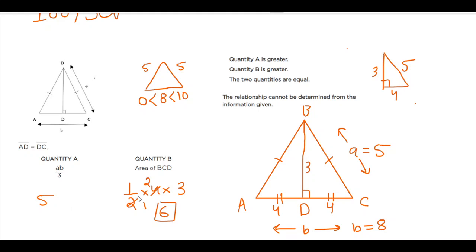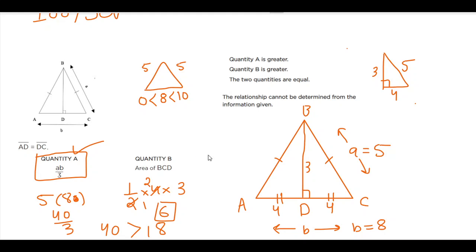B is 8. So AB over 3 is 8 fives over 3, and 4 times 3 for the area. Can I multiply 3 on both sides? Yeah, I'm going to get 40 versus 6 threes are 18. So you can see the gap over here, and no matter what I do, quantity A is definitely going to be bigger.